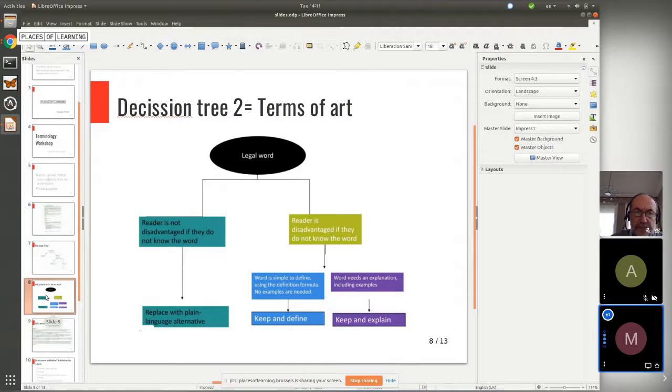If the reader is not disadvantaged if they do not know the word, that means that this word is not really important. We should not be teaching our readers law. So in that sense, we are going to replace it with a plain language alternative.